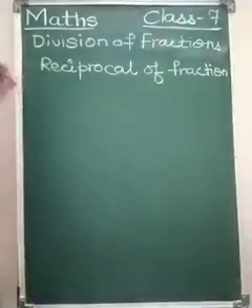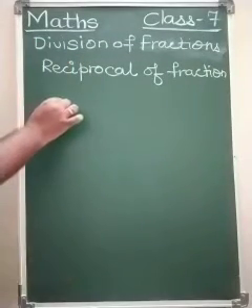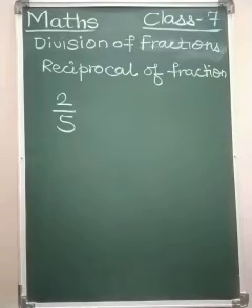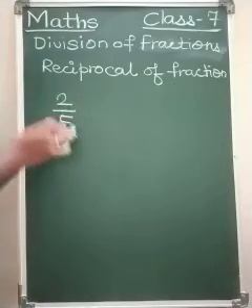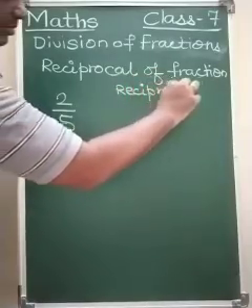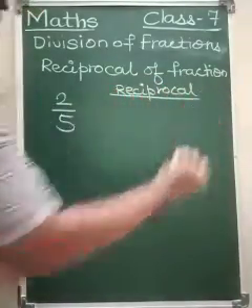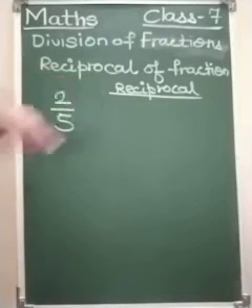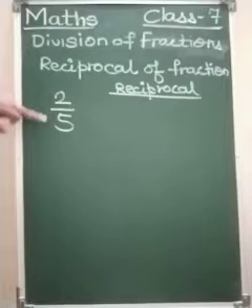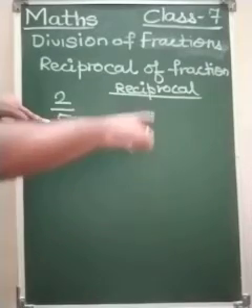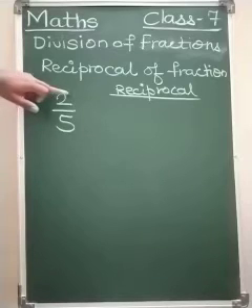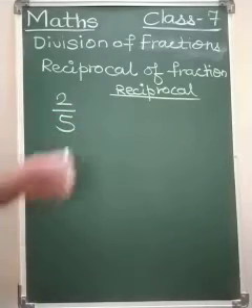Reciprocal is very simple. Suppose we have a proper fraction, 2 upon 5. If you want to write down the reciprocal of this fraction, the numerator is 2, the denominator is 5. When we write down the reciprocal, the denominator will be written as numerator and the numerator will be written as denominator.